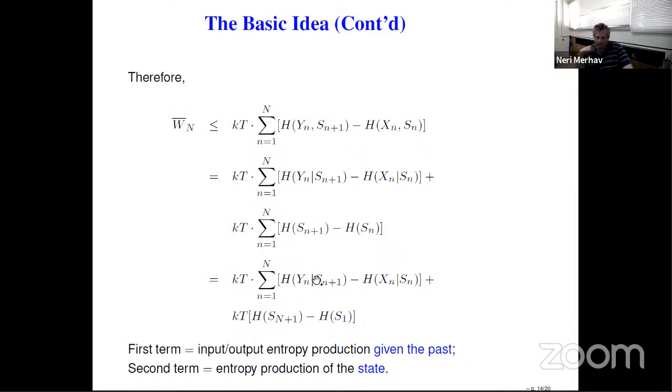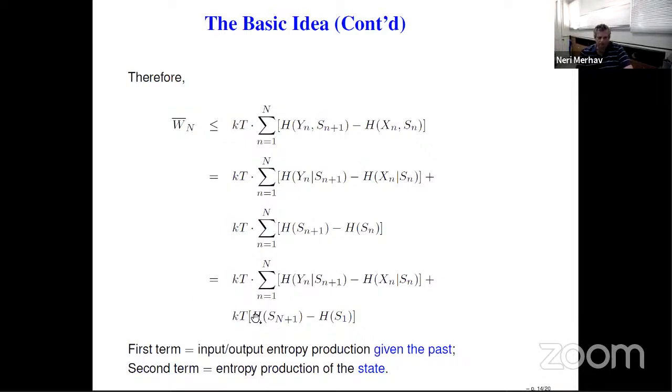Whatever the system remembers from the past is encoded in the state. Plus a term which is the entropy production of the state itself. So if the number of states is finite, then the second term is relatively small because it's bounded by a constant independent of N, while the first term roughly increases proportionally to capital N.